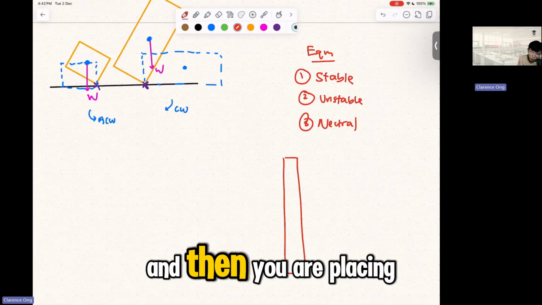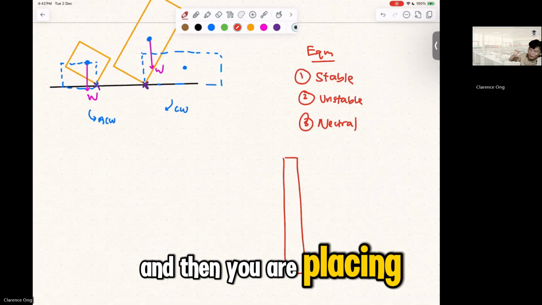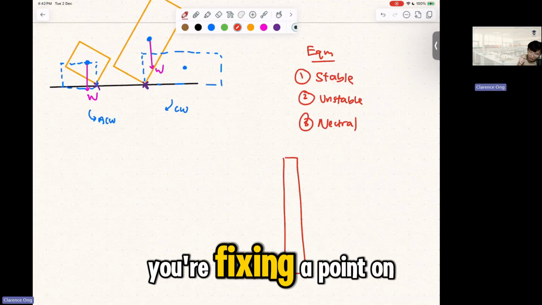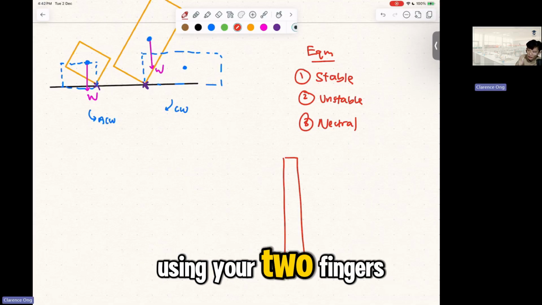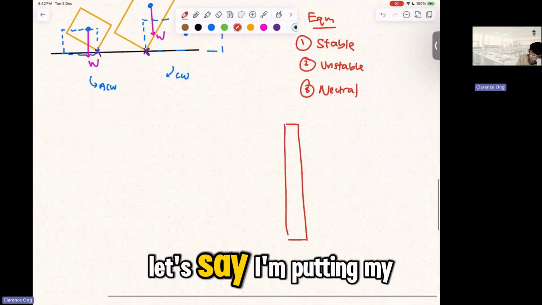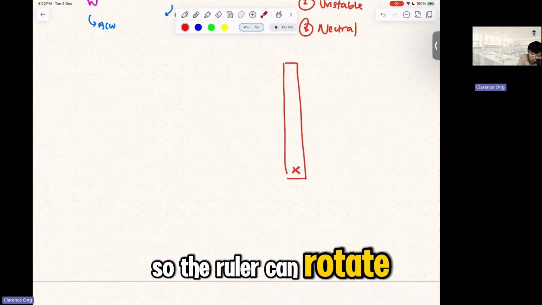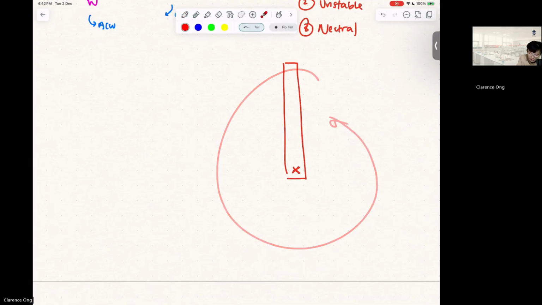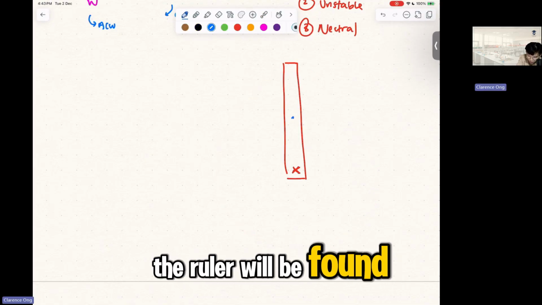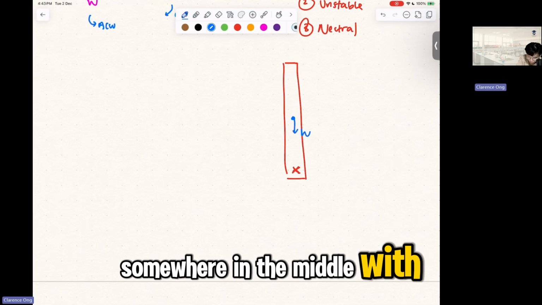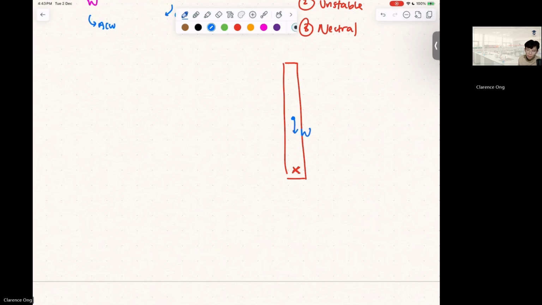Imagine you have a ruler and you are fixing a point on the ruler using your two fingers. Let's say I'm putting my two fingers here, I'm fixing these two points. So the ruler can rotate freely. The center of gravity of the ruler will be found somewhere in the middle with the weight downwards.